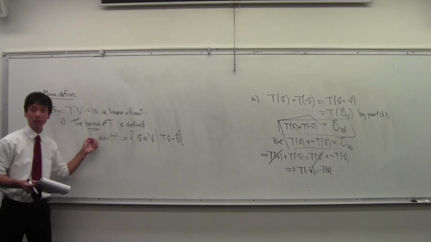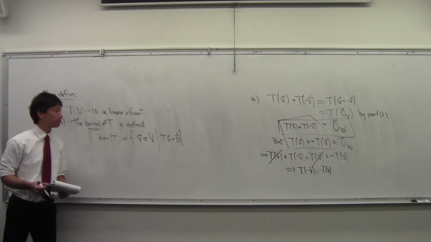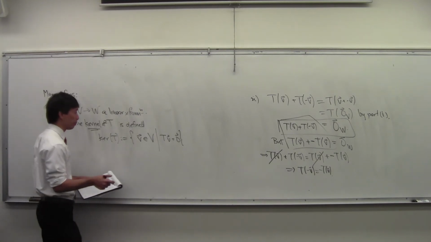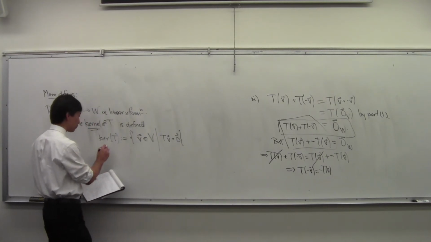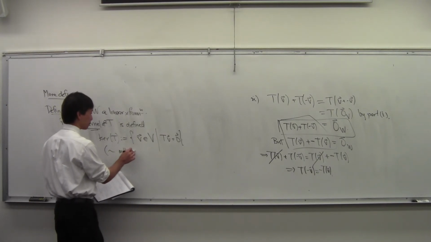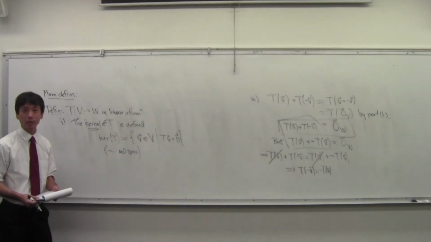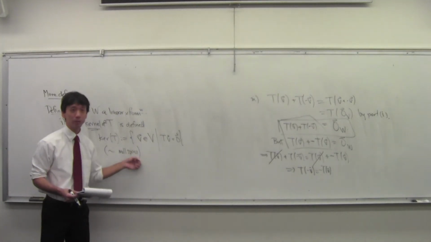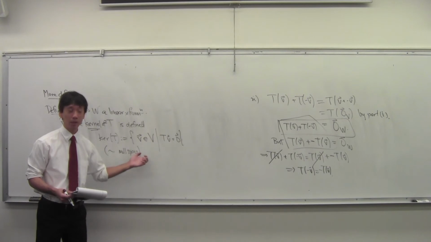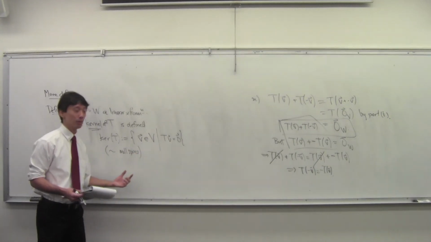Everything in the domain that T sends to 0. This is basically the analog of the null space. Do you remember, we have the matrix, we have the null space. The null space is the stuff that the matrix left multiplication kills.